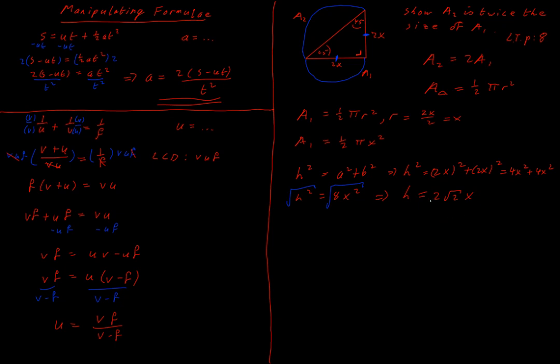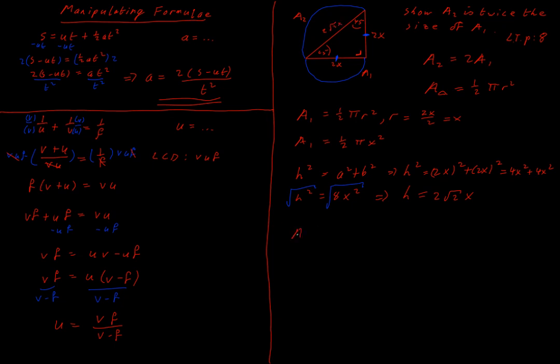Now, an important point, I don't need to worry about the fact that this is technically plus or minus a square root because I am dealing with a length, so I am only worried about the positive result. I don't deal with negative lengths for most of my work in mathematics. So that's why I don't need to put a plus or minus here, because h is a length and we generally only deal with positive lengths.